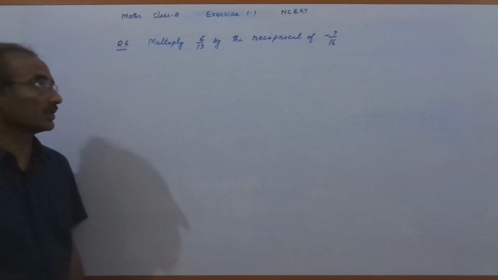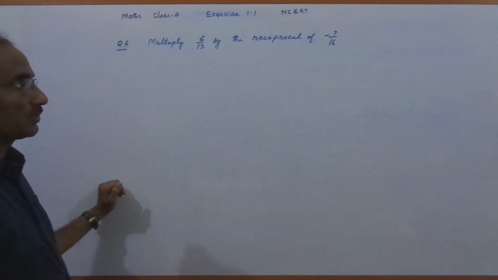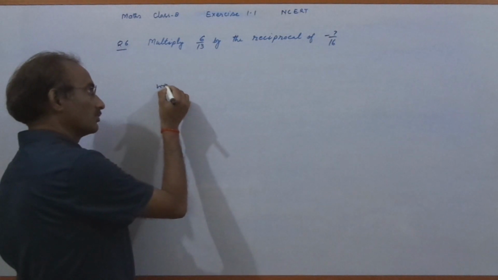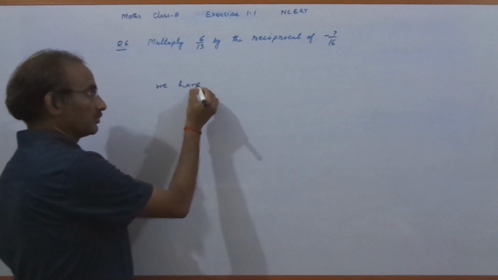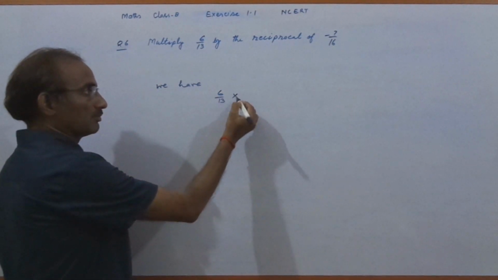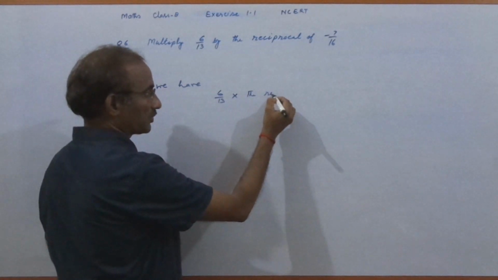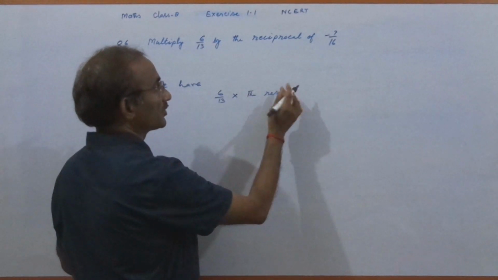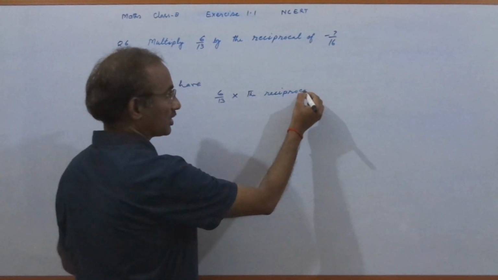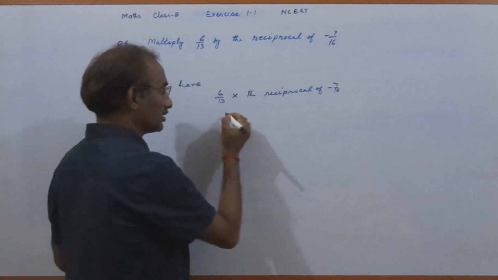Now come to the question number 6. Here we have to multiply 6 upon 13 by the reciprocal of minus 7 upon 16.